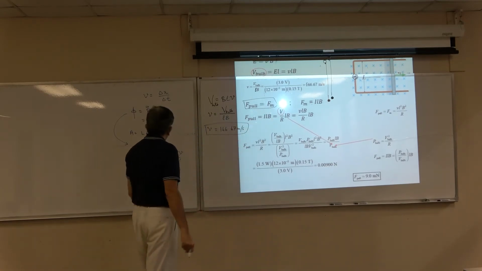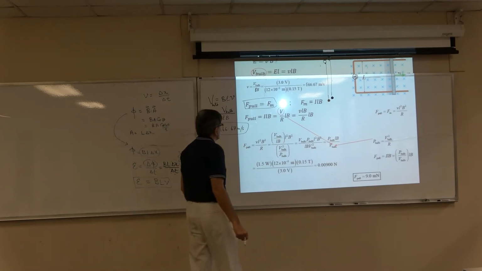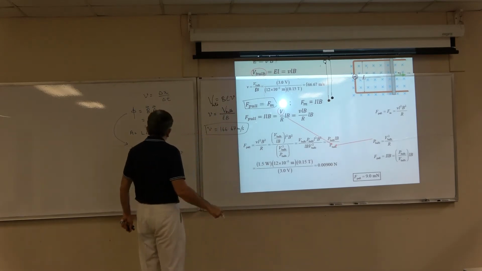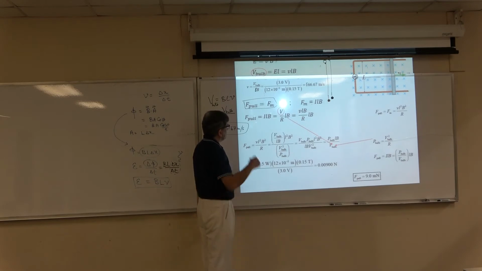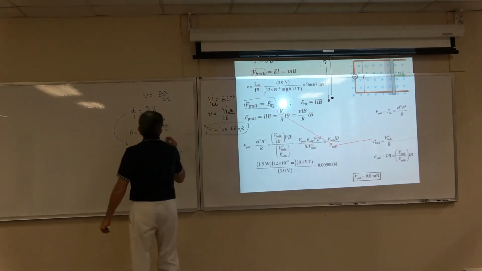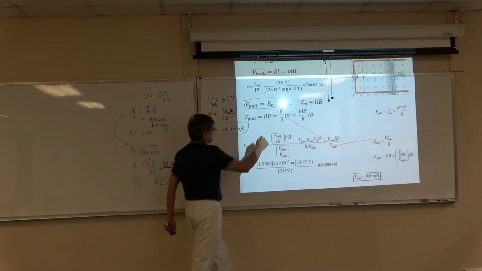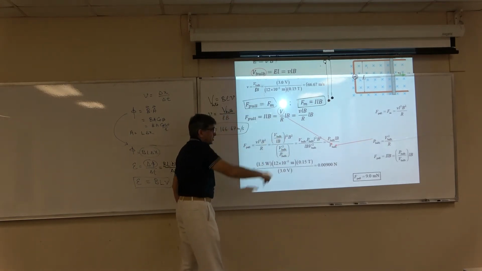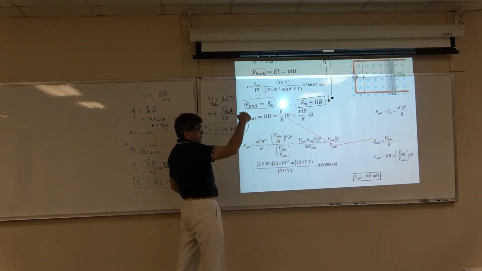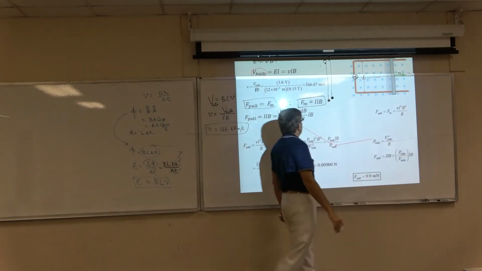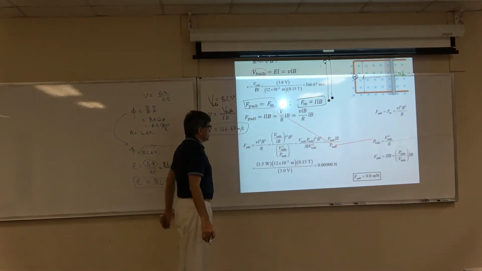Now, what is this magnetic force? Since there is a current I, the magnetic force is equal to I times L times B, because current I flows through the length L, just like a current carrying wire in an external magnetic field. So this is equal to the applied force.